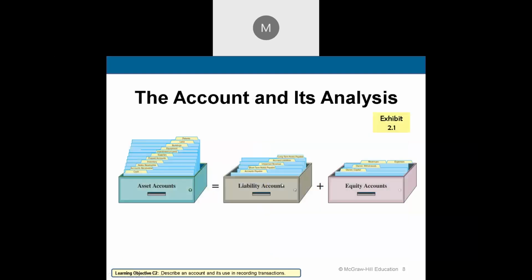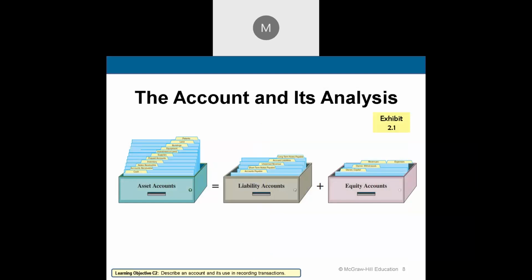So let's take a look a little bit closer at the accounting equation and the effect on the different accounts. We talked about this already at the beginning of the class. I asked you these questions. I said, what is an asset?